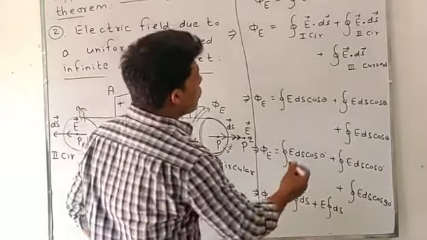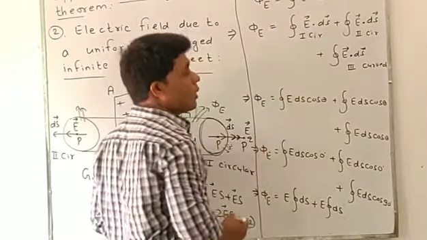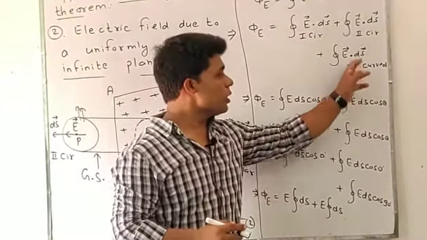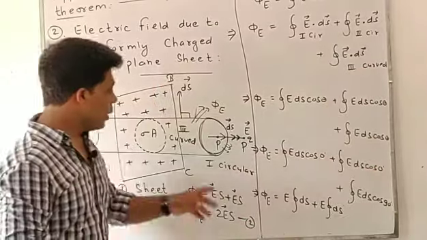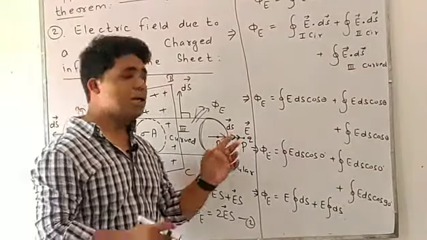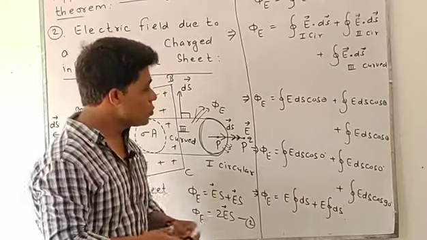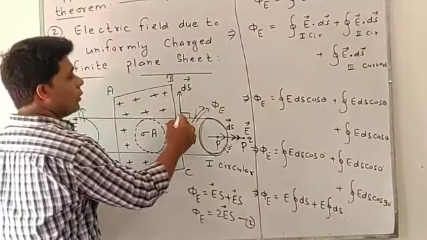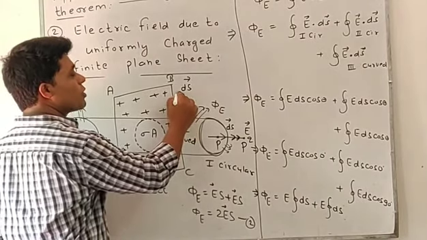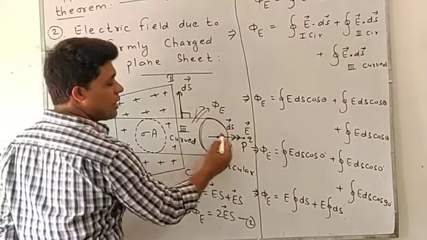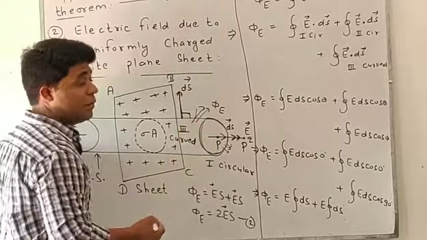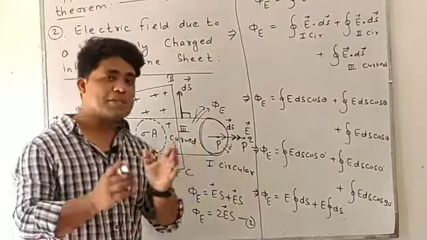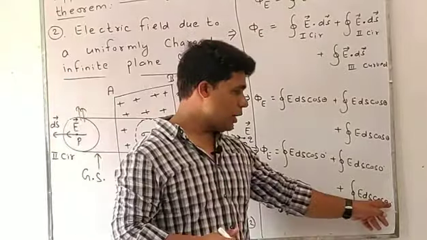So when we remove the dot, there comes cos theta: E ds cos theta, E ds cos theta, and E ds cos theta. At the circular path E and ds are in the same direction, so theta should be 0, cos 0, and at the curved path the area vector is normal to the surface, upwards, and the electric field is that side. The angle is 90. For this curved surface, E and ds are perpendicular, so theta should be 90.